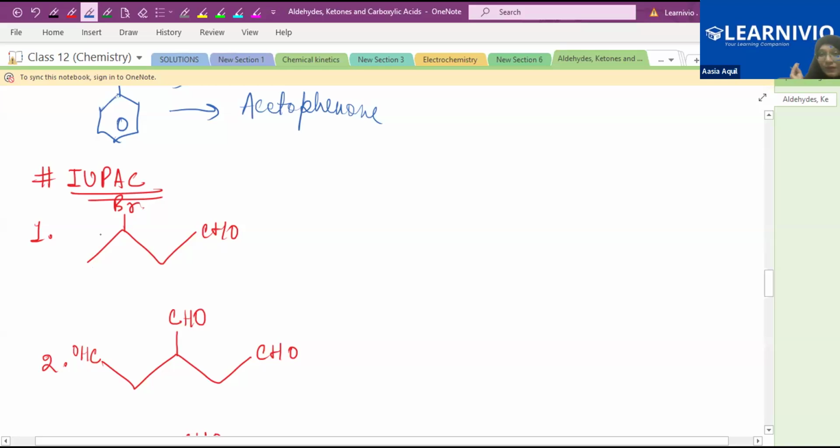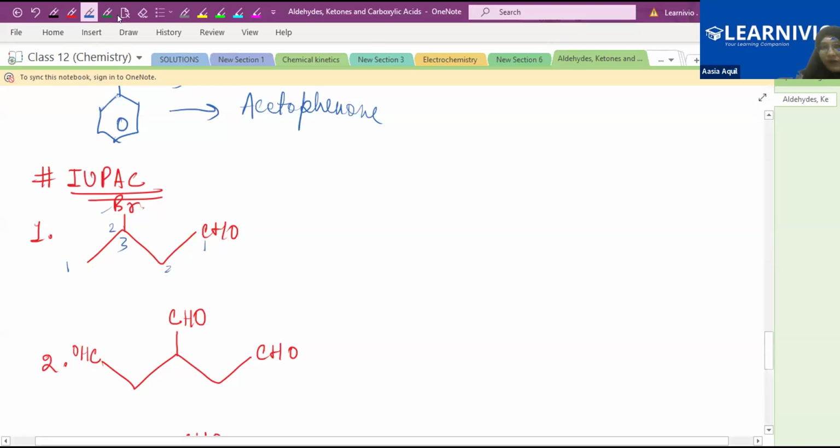So you don't have to number this carbon. This is a preference basically. For the other substituent, this bromine, when you start the numbering from here, bromine will get 1, 2, 3. But when you start the numbering from the left side, bromine will get the second number. So you will prefer this one, the second number, because the CHO group is a part of the chain.